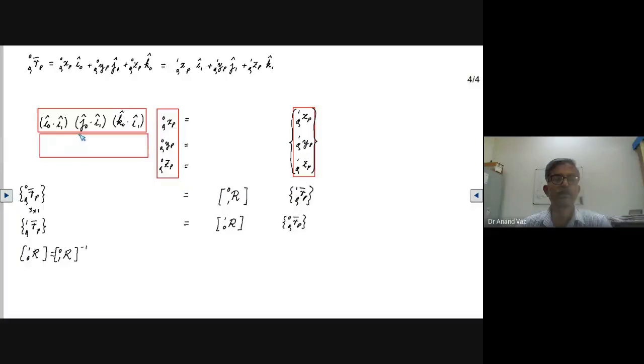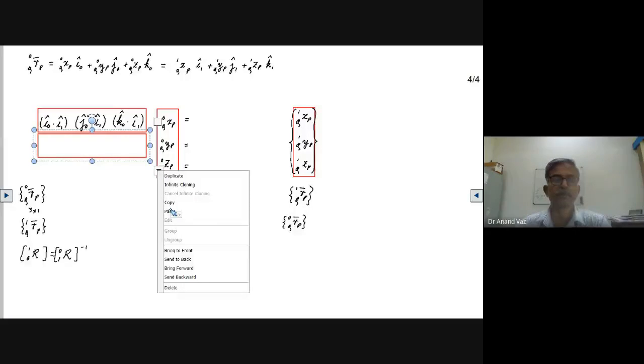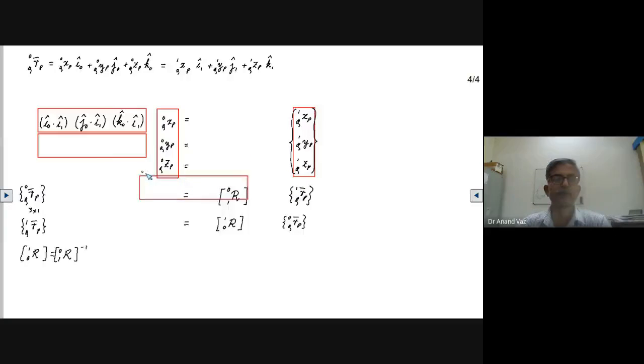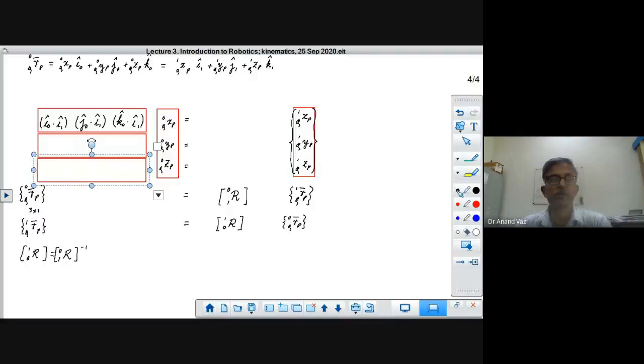In the same way, we'll have another row here, and we'll fill up the components of these. In order to obtain the second row, in order to retain this element here, we'll have to take the dot product with J1.